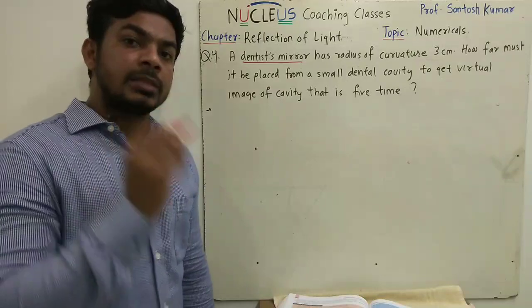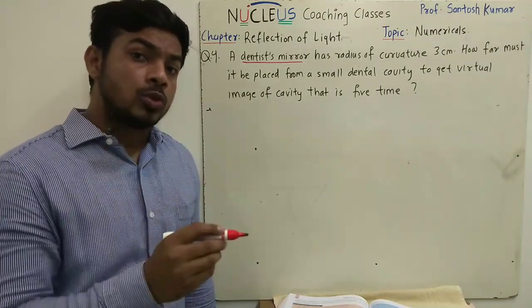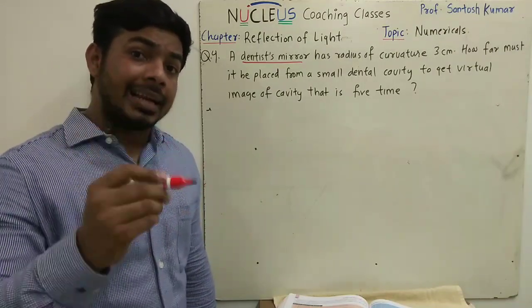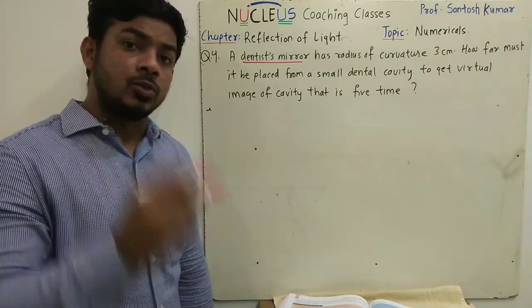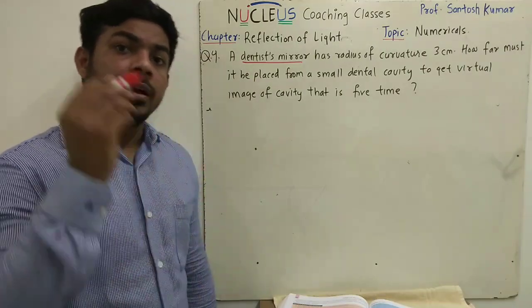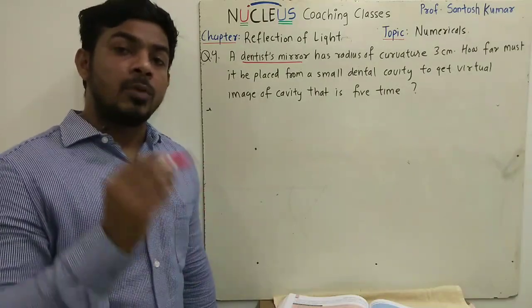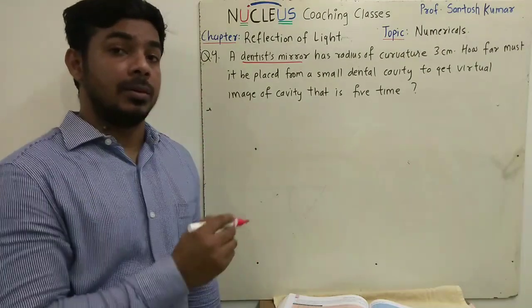Remember, I have already explained the application of a concave mirror: when it is kept close to an object, the image formed is always erect, virtual and magnified, and that is the case where it is used as a shaving mirror, makeup mirror or a dentist mirror. So whenever a shaving, makeup or dentist mirror comes, it is always a concave mirror.